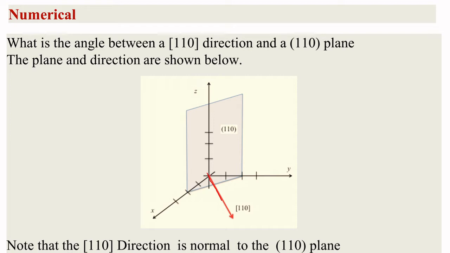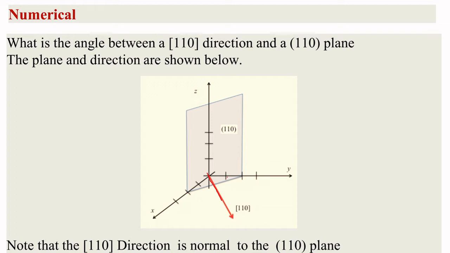This is the origin, please understand. If you put in 110, the coordinates are x coordinate 1, y coordinate 1 and z coordinate 0. That means no coordinate for the z point. So the projection will be 1 on 1, and the direction will be like this.